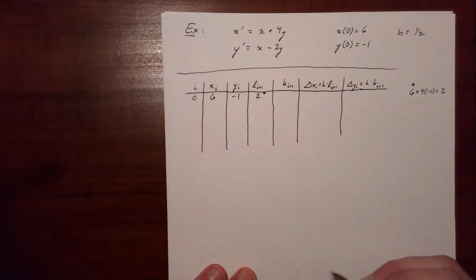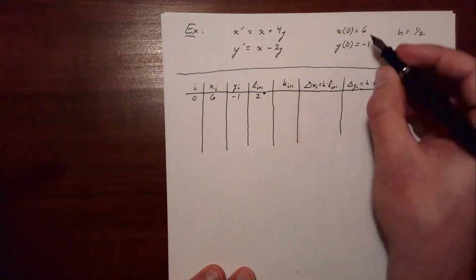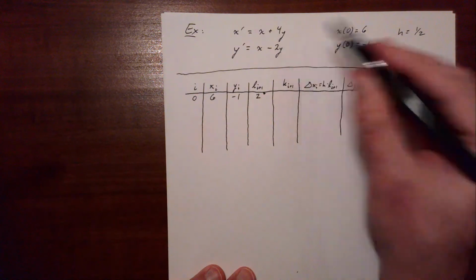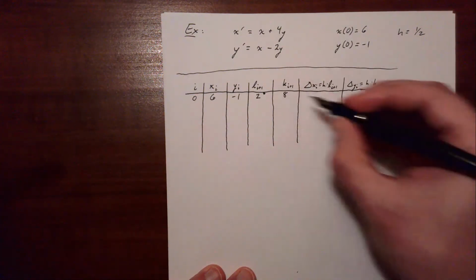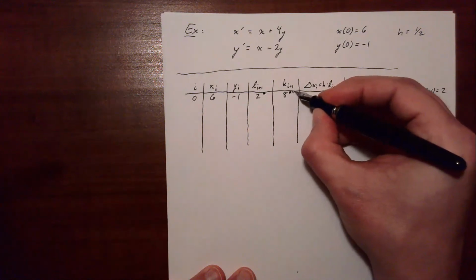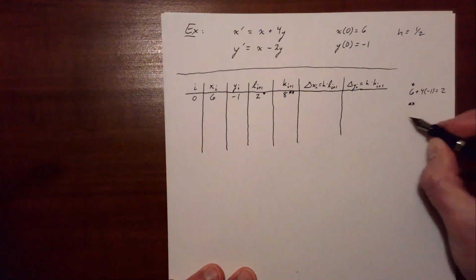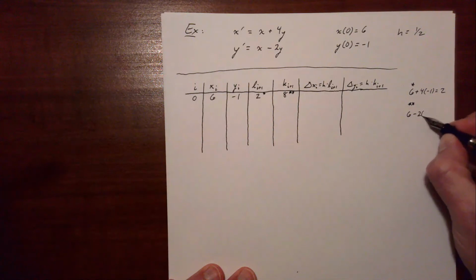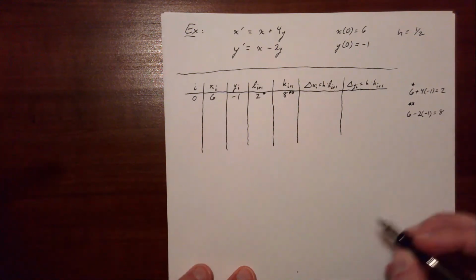And then for the y value, we just plug in the x, we plug in the y. So we have 6 minus 2 times -1, so that's going to be 8, and we'll label that for commentary purposes. So this is equal to 6 for the x minus 2 times -1 equals 8.